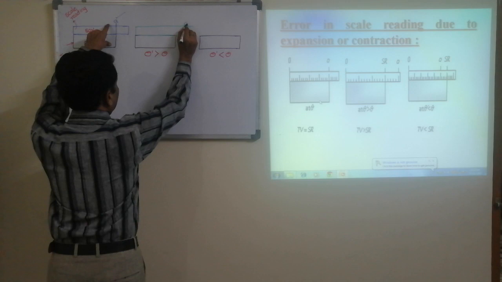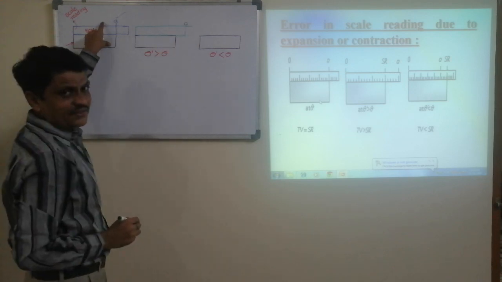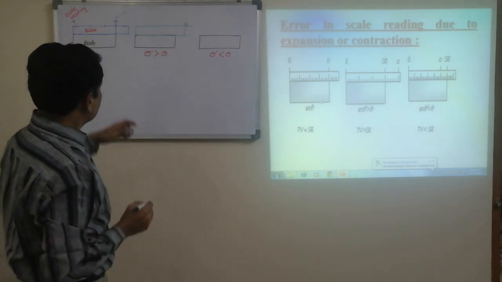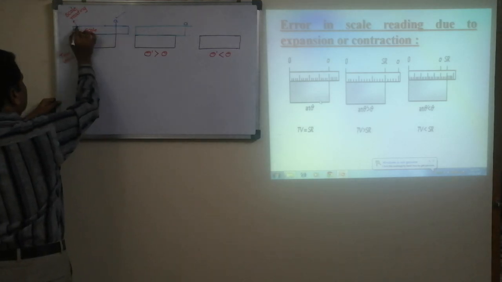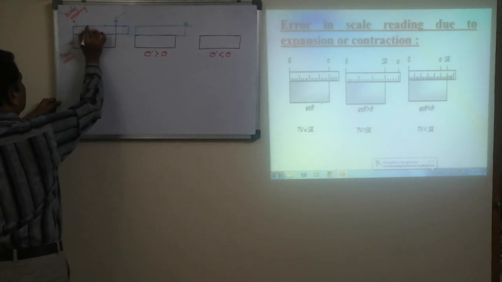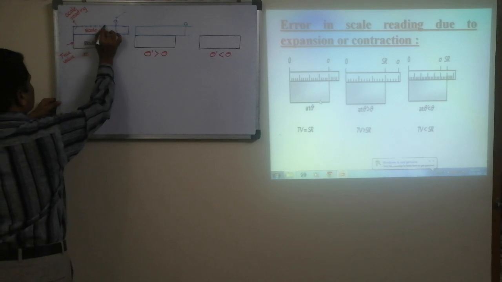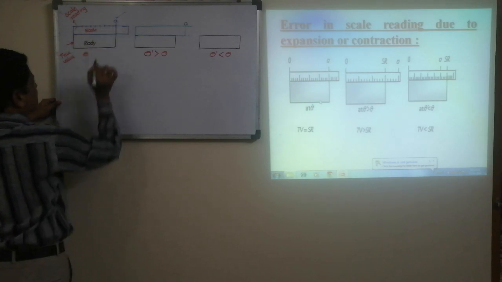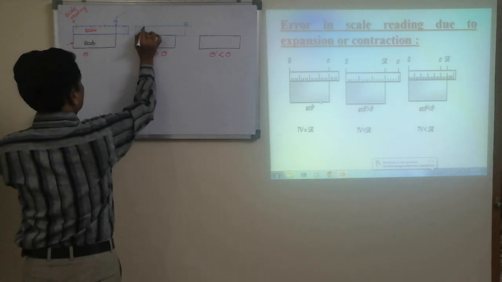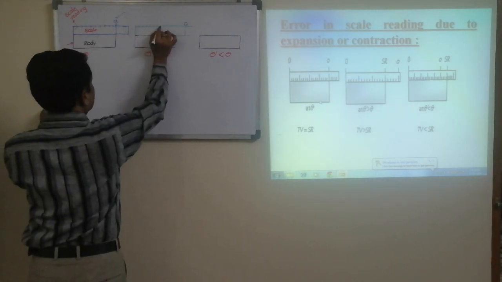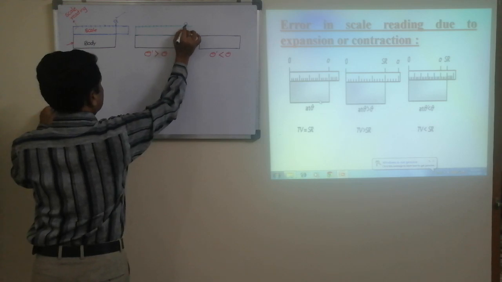This is the position of A. Right? So now what happens? Say it is 1, 2, 3, 4, 5, 6, 7, 8, 9, 10 something. Here also 0, 1, 2, 3, 4, 5, 6, 7, 8, 9, 10 something here.